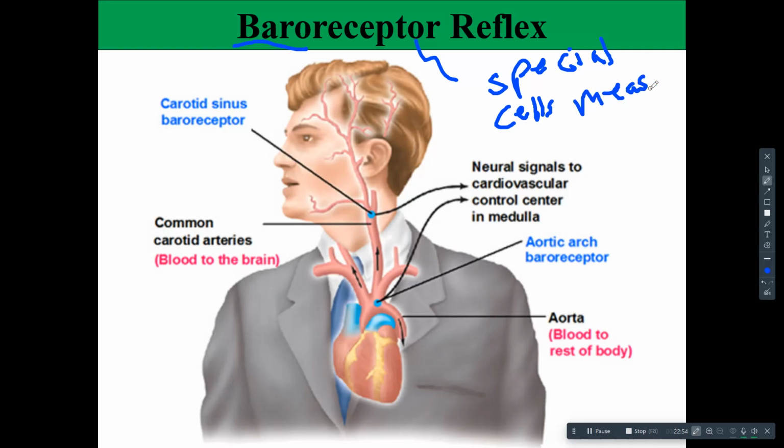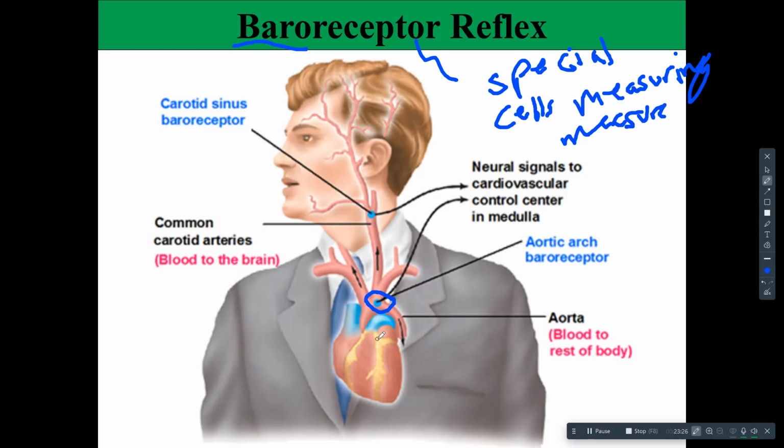So there are special cells measuring pressure. Now they're measuring blood pressure. And I've got baroreceptors in my aortic arch. This makes total sense because blood in the aortic arch is basically going everywhere. And if blood is going everywhere, that's pretty darn important. I got to make sure it has enough pressure to do so.